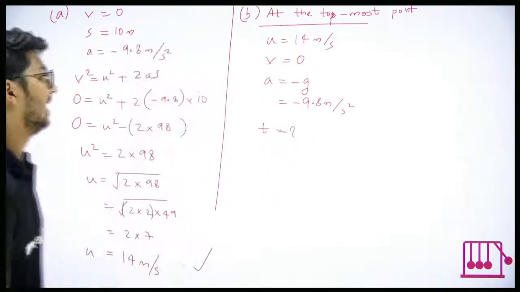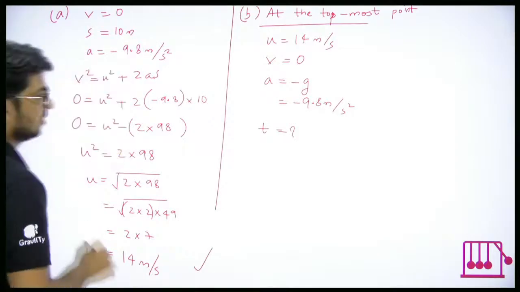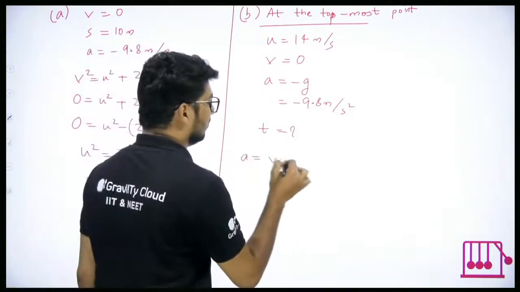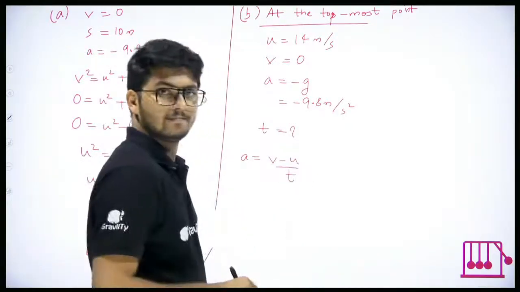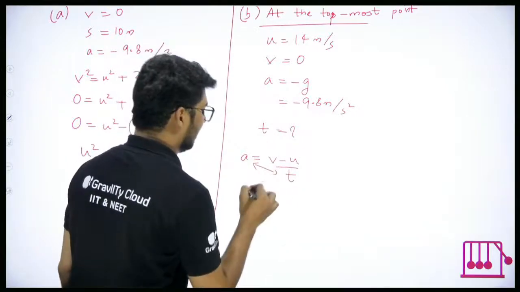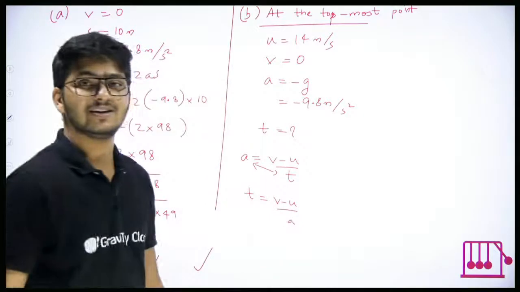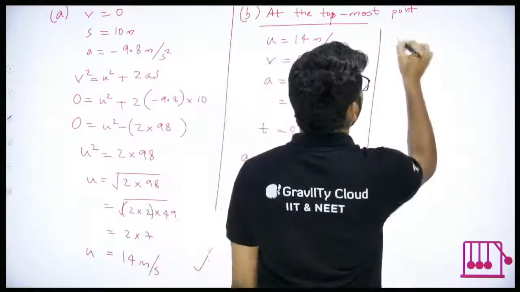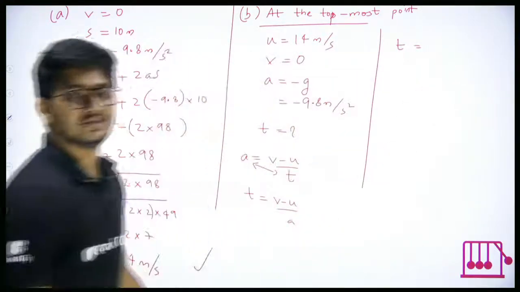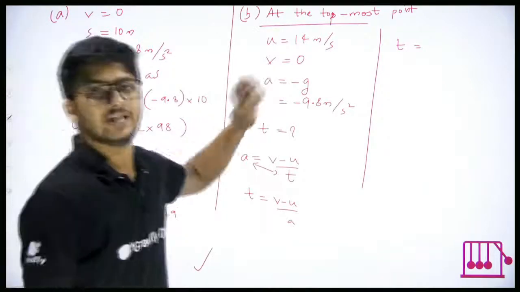How do we find the time? It's very simple. We know that a is equal to v minus u by t. So if you interchange time and a, time becomes equal to v minus u by a. Just use this. So t is equal to v minus u by a. V is what? 0.